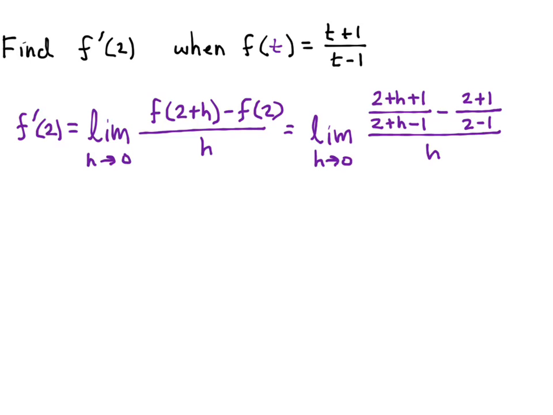So now what I'm going to do is I have an exercise in simplifying a complex fraction. So I've plugged in 2 plus h for both of my t's here. See, one of them is plus 1, the other one is minus 1. And so I'll find the common denominator.